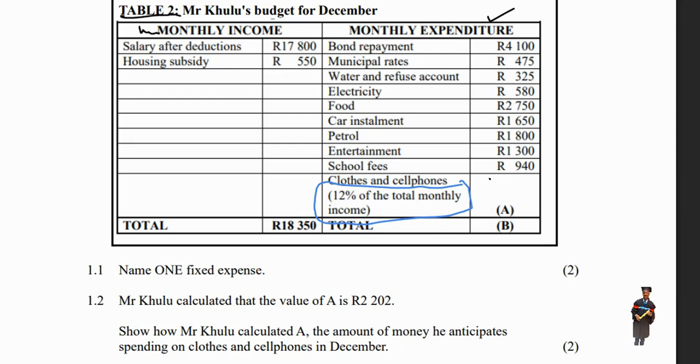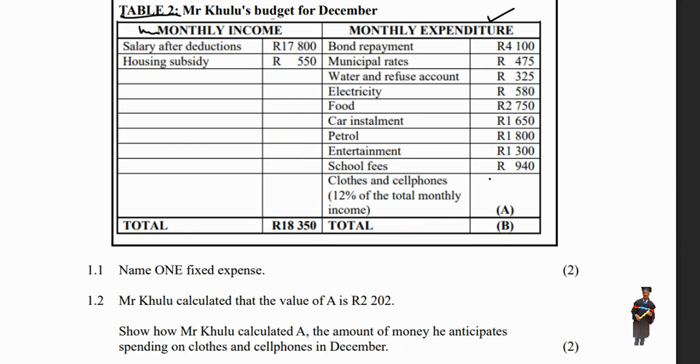Where is the total monthly income? The total monthly income is the sum of these amounts, and they have already calculated it. It is here. This is the total monthly income, and 12% of this money is going to be spent on clothes and cell phones. So that is how we are going to calculate A. I hope you get that part, ladies and gentlemen.